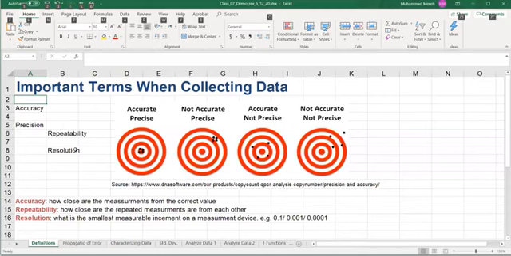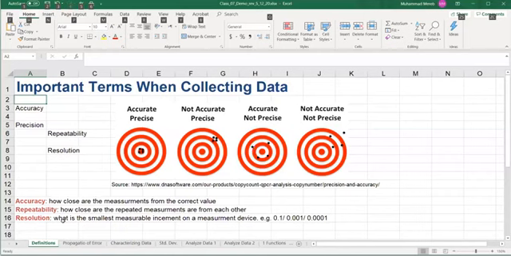If we do the same experiment multiple times and get measurements that are close to each other, that means it's precise, or it can be repeated and we still get something reasonable and acceptable. The same thing here. But if you look at this one, every time you repeat the experiment, you get a different measurement. So that's not precise.